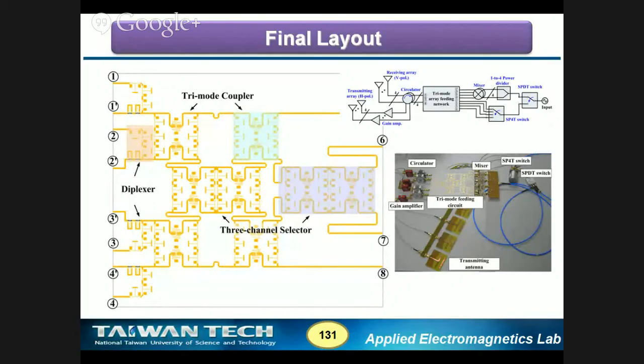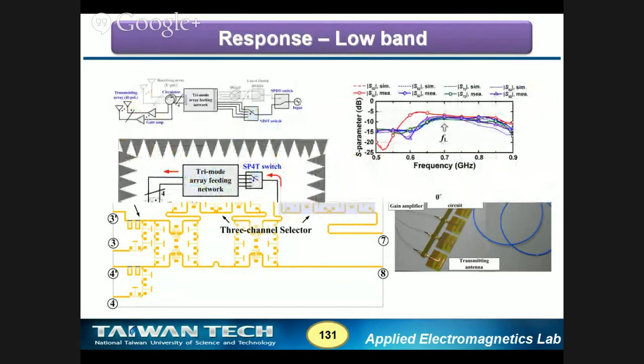And think about it, we have 3 channel selectors here. We have a tri-mode coupler here. The tri-mode coupler is a coupler in the low band, and it has a transmission path in the mid band, and another transmission path in the high band. And we have a combiner here, and we combine it together and measure the results in the low band.